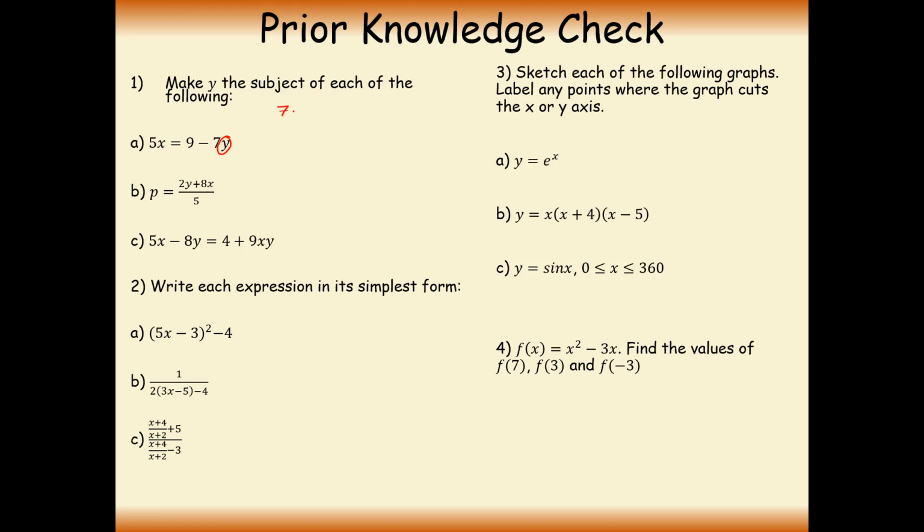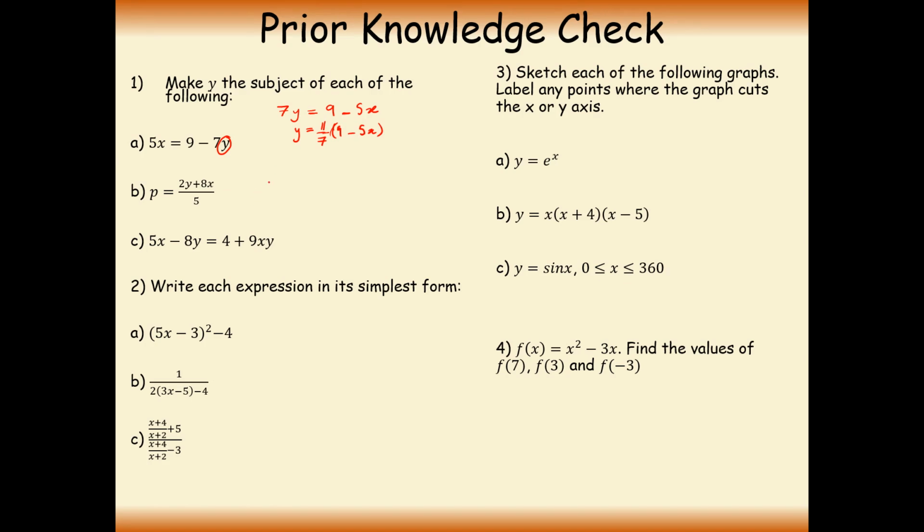I'll take 7y to the left and I'll write 9 minus 5x. I would leave the negative sign where it is. Then I would simply divide by 7. Y will be equal to 1/7 times this bracket, 9 minus 5x. There's no need to multiply out the bracket, you could leave it as it is.